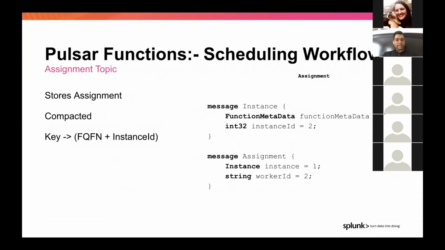And it's compacted, and the compaction key that we use is the fully qualified function name plus the instance ID. So the assignment says which instance we are talking about, which is the function metadata and the instance ID, and which worker this assignment is going to, which worker should actually execute it.